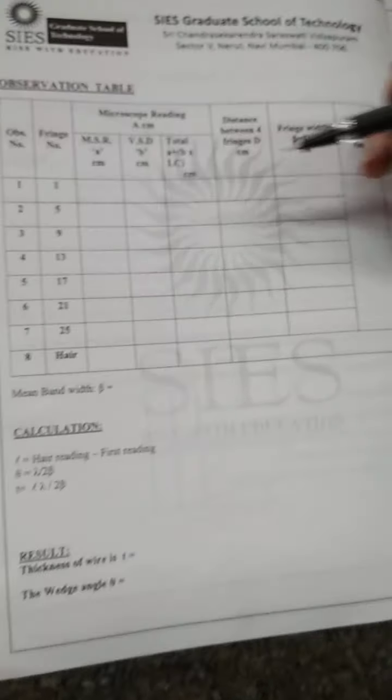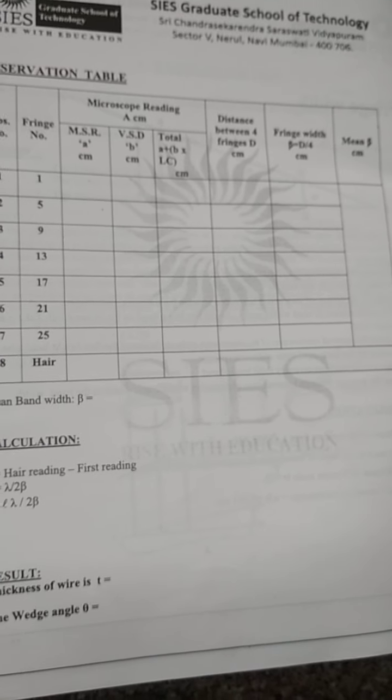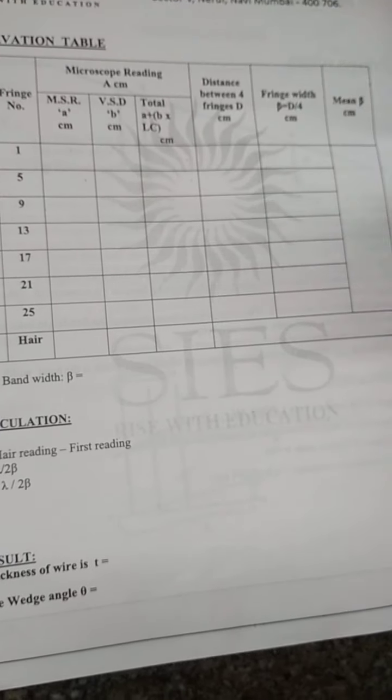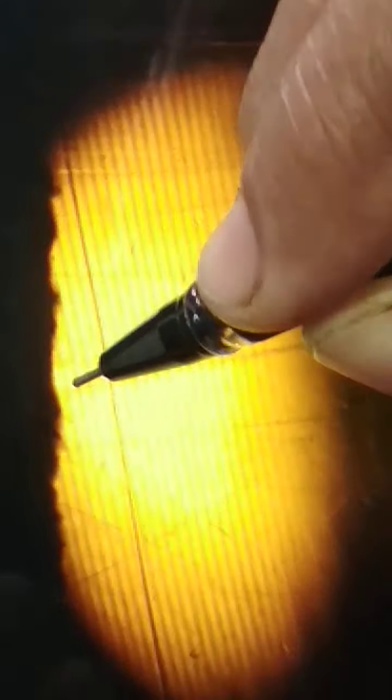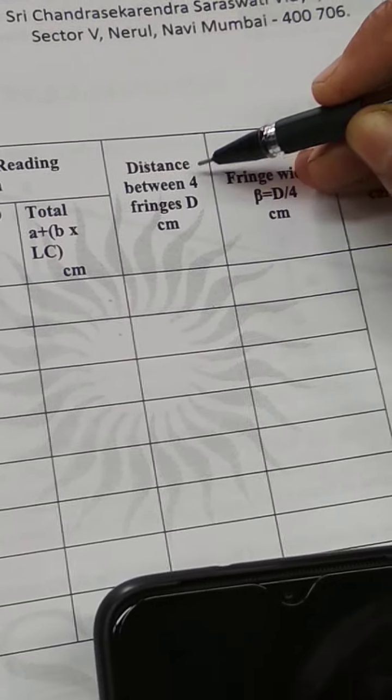Then you need to find the distance between 4 fringes by taking the difference between 2 successive readings. So you are taking this first reading and then the fifth reading. The distance between the two will give you the distance between 4 fringes, which we call capital D. Dividing this capital D by 4, you will get the fringe width.